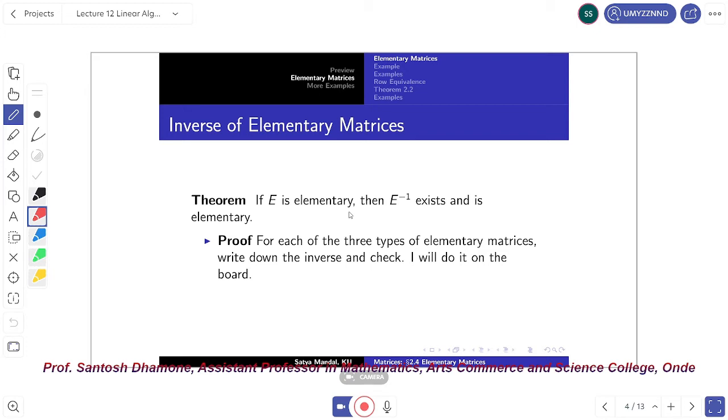Suppose I is equal to the 2 by 2 matrix [1 0; 0 1].